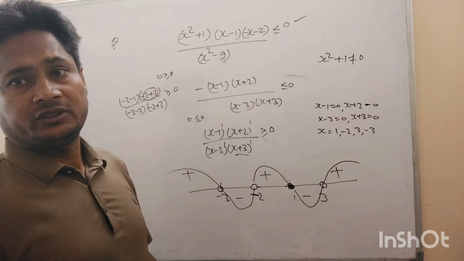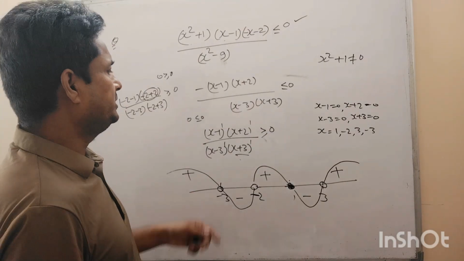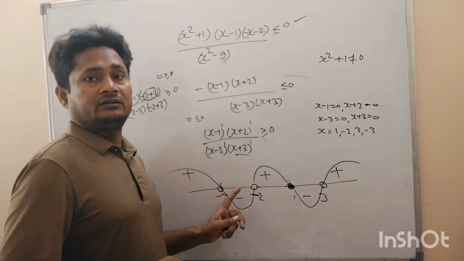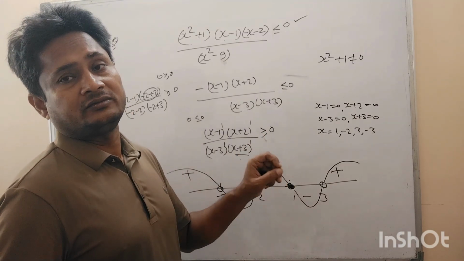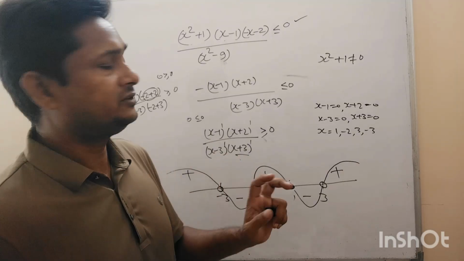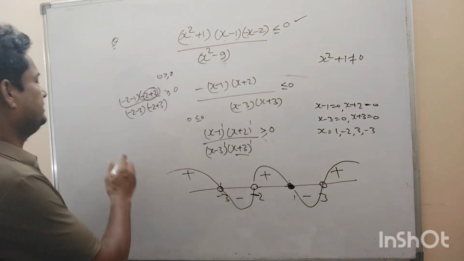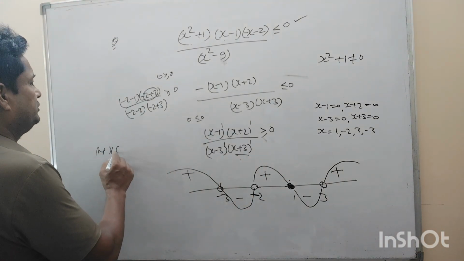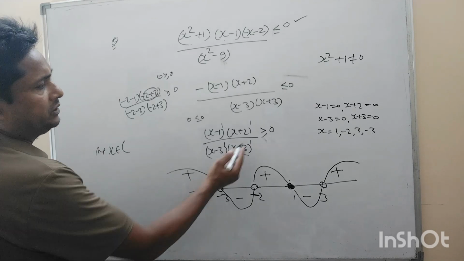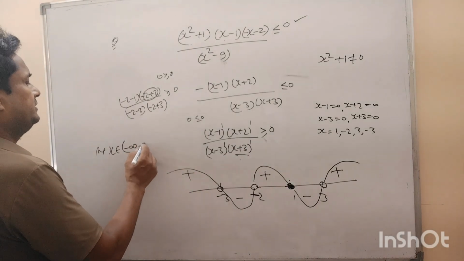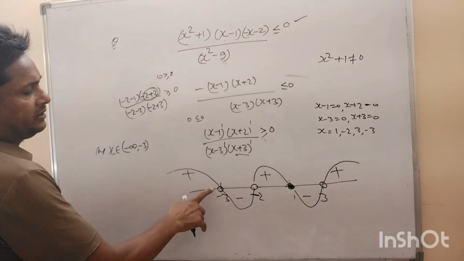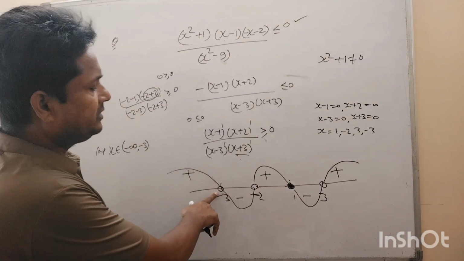Now collect the positive intervals. Greater than or equal to 0 means we have to collect positive intervals and the roots which are satisfying the inequality. So x belongs to, positive intervals, minus infinity to minus 3, open bracket because minus 3 is not included.